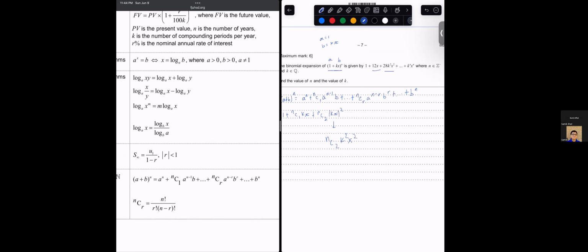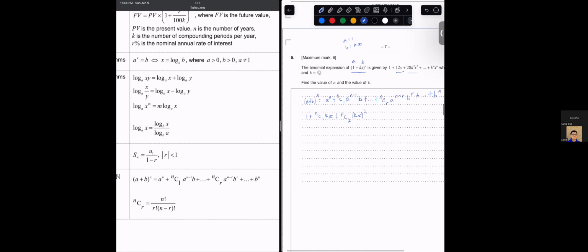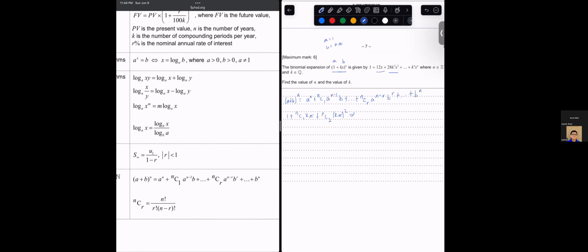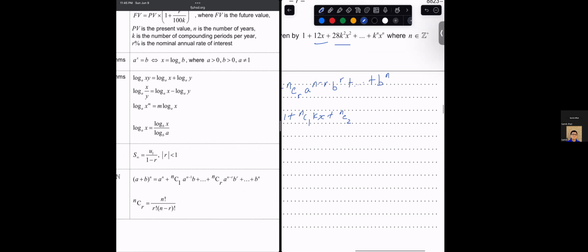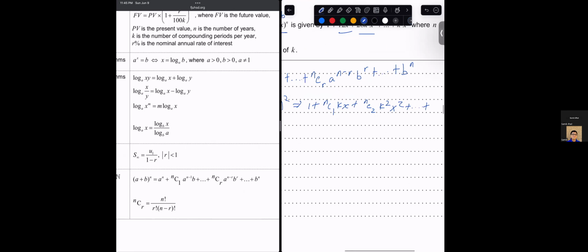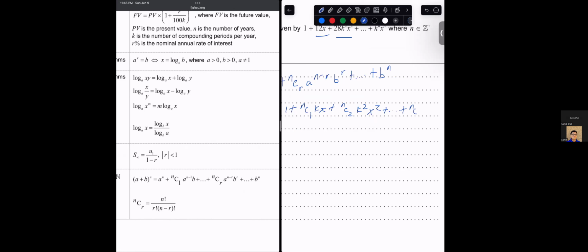So if I rewrite this so you understand a little better, I'll rewrite it as 1 plus nC1 kx plus nC2 k squared x squared plus dot dot dot.